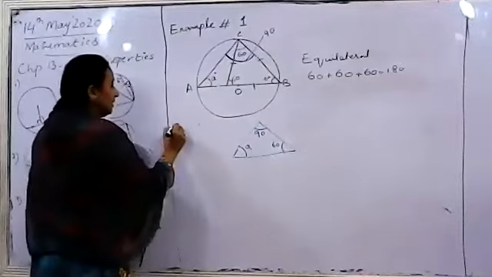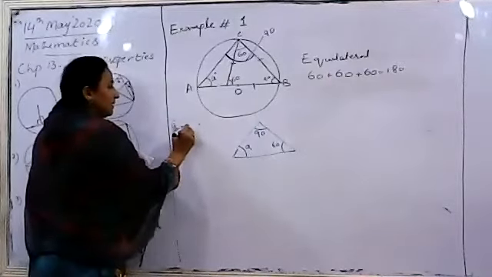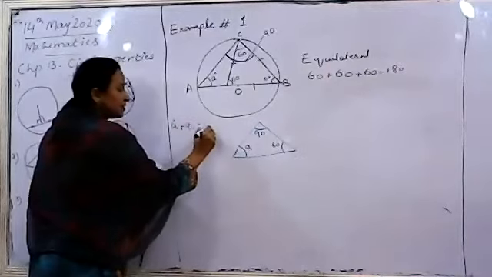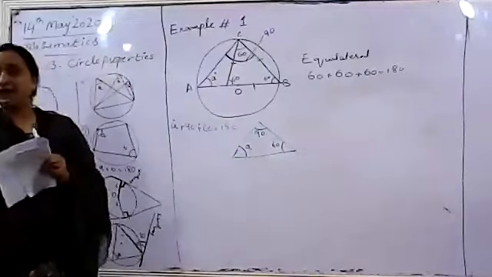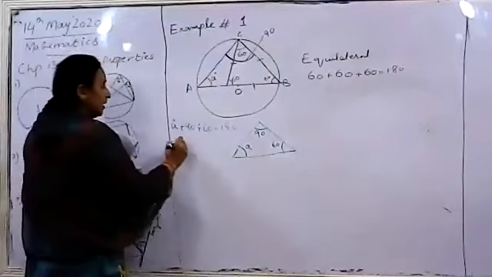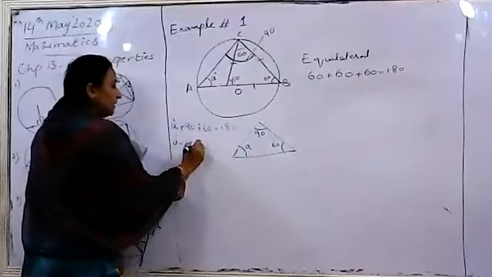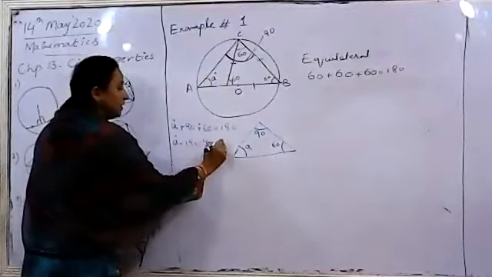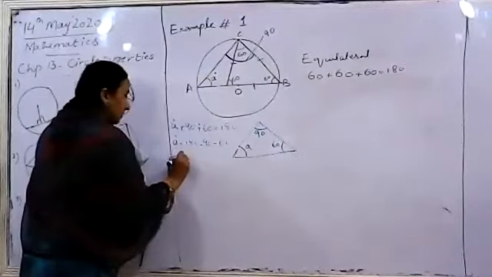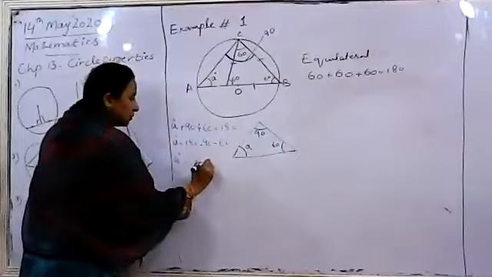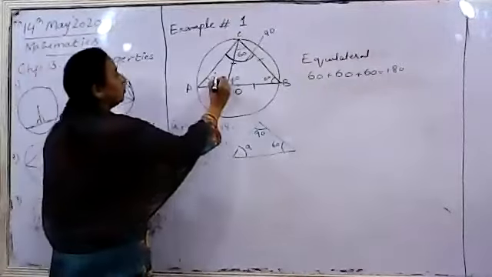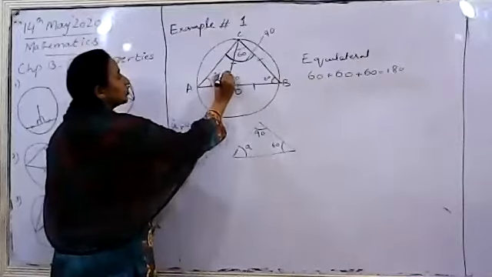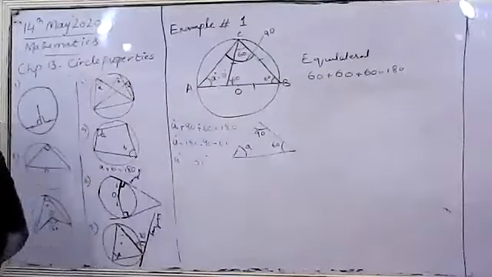You can write A plus 90 plus 60 is going to be 180 degrees. And you can very easily find out what A is. A is going to be 180 minus 90 minus 60. And when I subtract it, it is going to be 30 degrees. So in this way, we find out what A is. A is going to be 30 degrees.